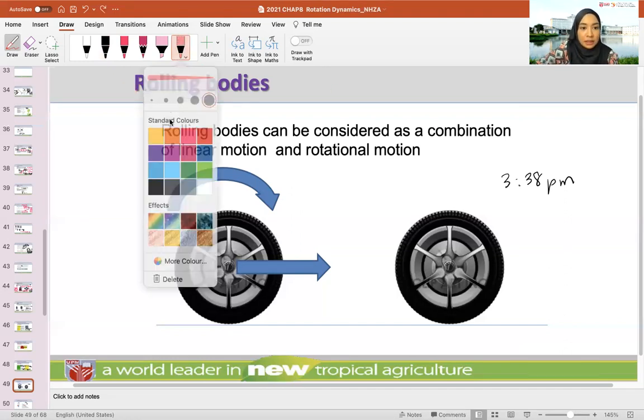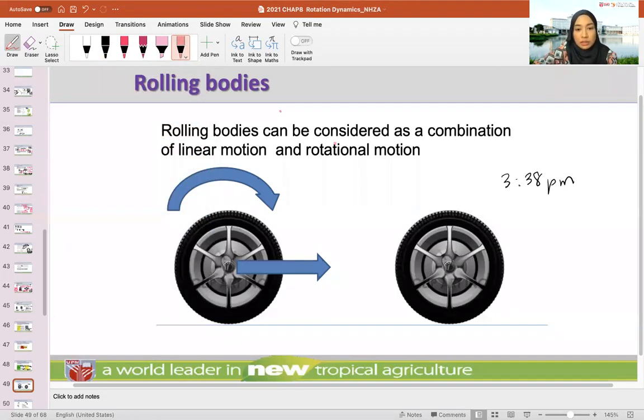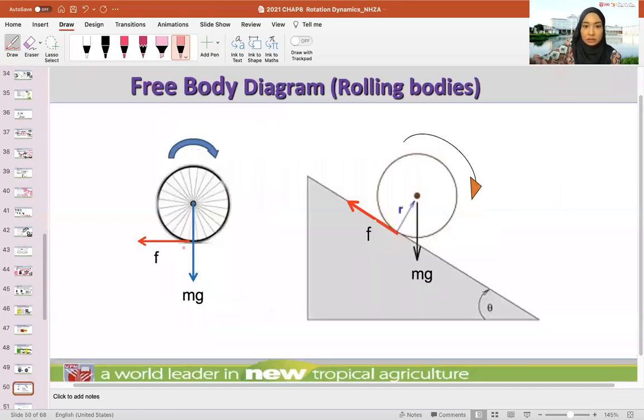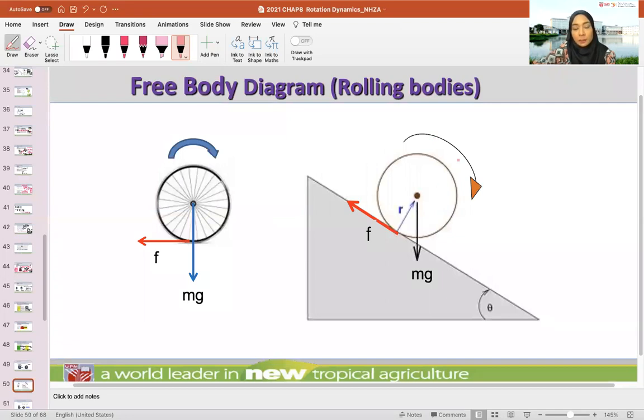So rolling bodies can be considered as the combination of linear and also rotational, just like this tire. And this is another example. You have this tire of a bicycle and it is also rotating and moving downwards at the same time. It is also called a rolling body.